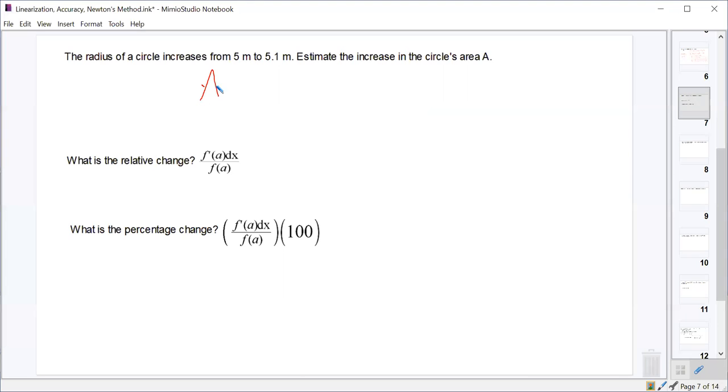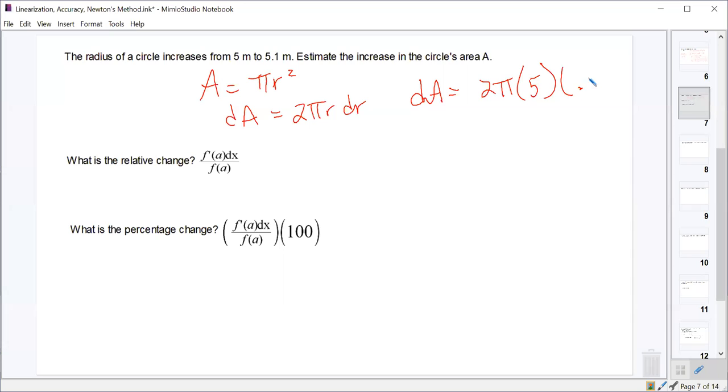So if the area of the circle is pi times the radius squared, then the change in the area ought to be 2 pi r dr. And so we can find that the change dA in the area is about 2 pi times the original radius of 5 times the change in the radius of 0.1. And so what does that give us?